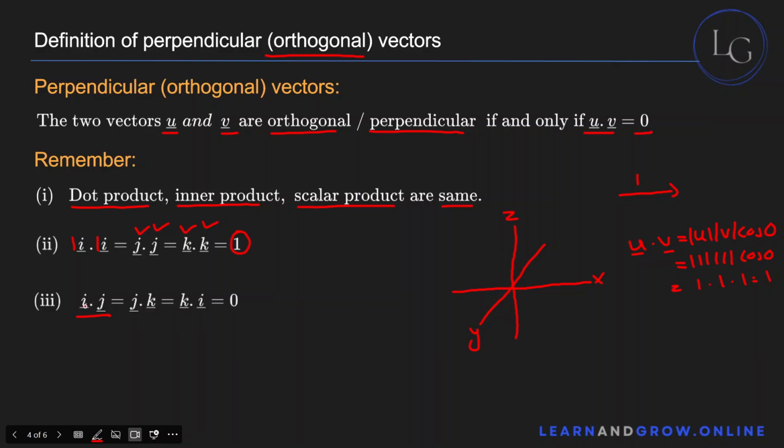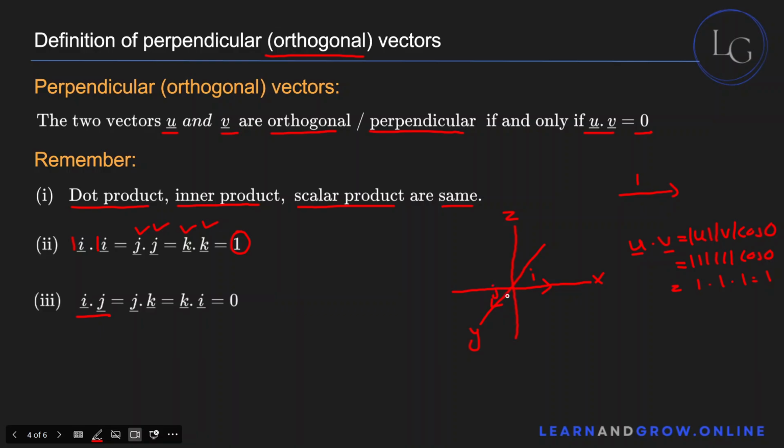It says i into j is equal to 0. Why is it equal to 0? Let's call this vector i, and on j we have this vector j.